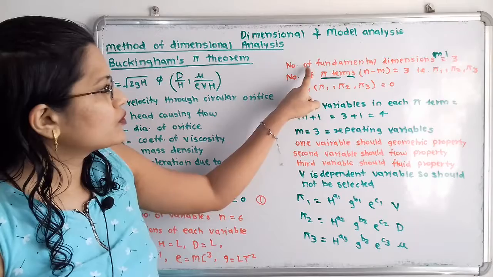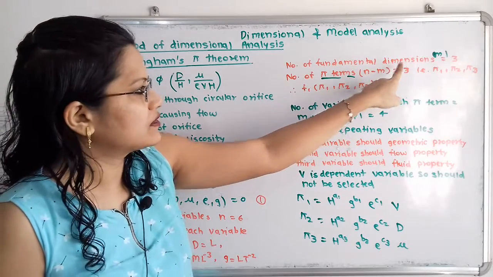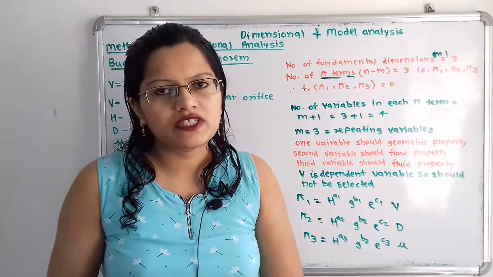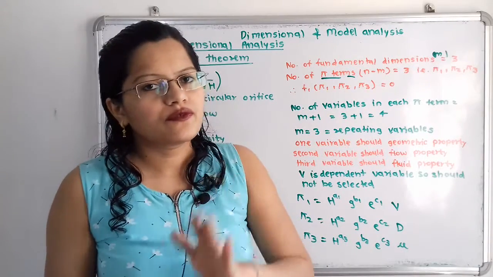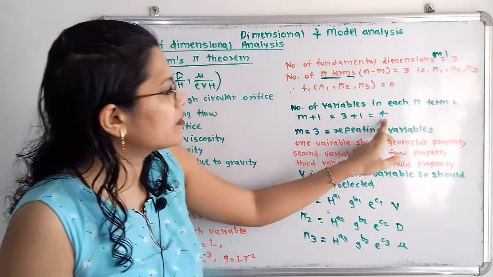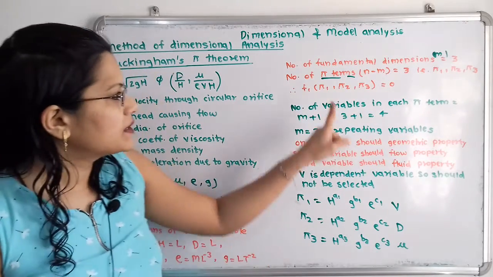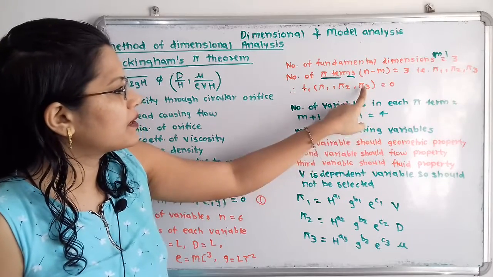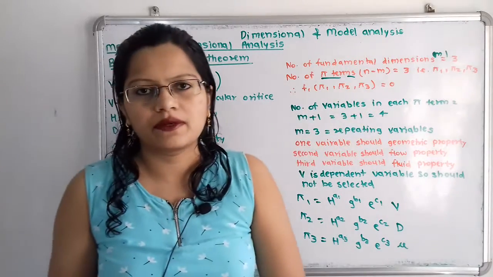We use the fundamental dimensions, that is m plus 1. So 3 plus 1 means the total number of variables in each pi term is equal to 4. That means pi 1 contains 4 variables, pi 2 contains 4 variables, pi 3 contains 4 variables.